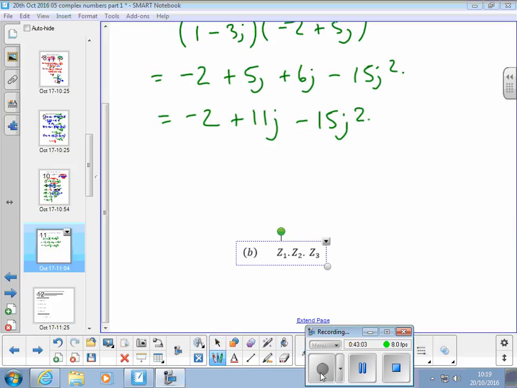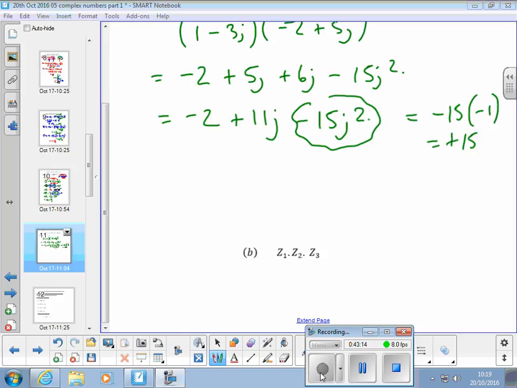Yeah, because that bit is equal to minus 15 times minus 1, it becomes a plus 15 constant. So the j squared term disappears. The final answer is 13 plus 11j.